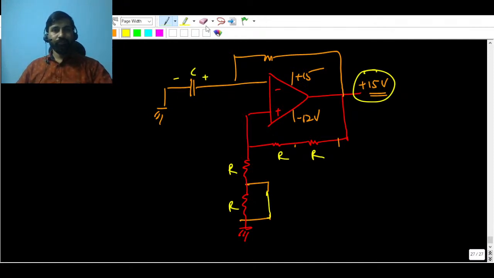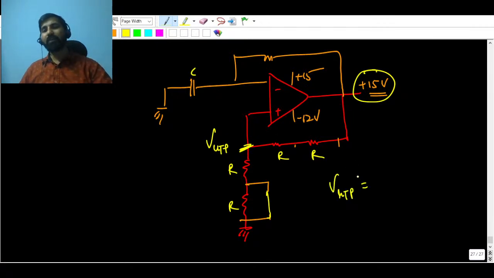Now you have to find the voltage here, that is VUTP, with 15 volt applied.